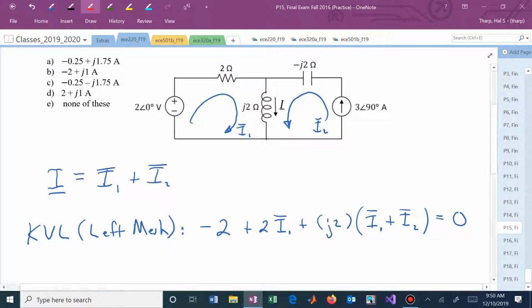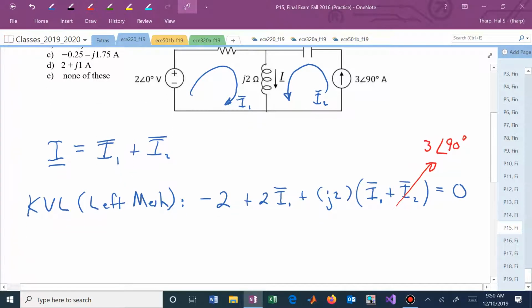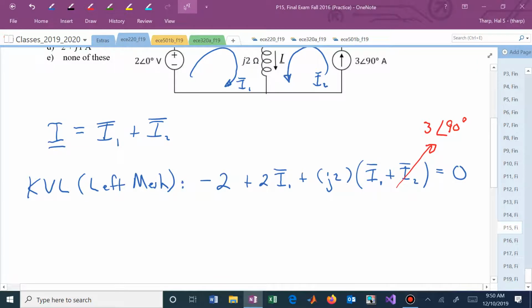I2 is given. That's 3 at 90 degrees. So if I start combining terms or coefficients for I1, I have 2. That's that one. And then I have plus j2, and that's I1 bar.